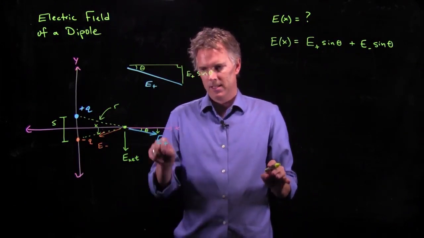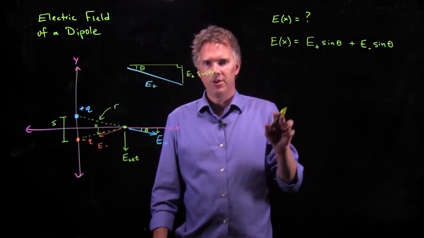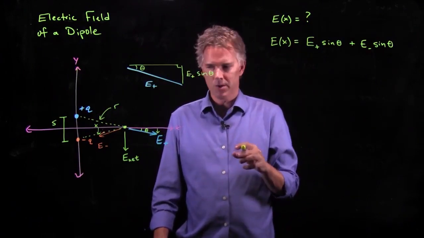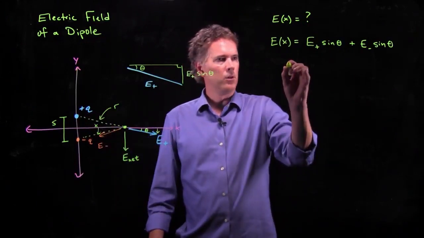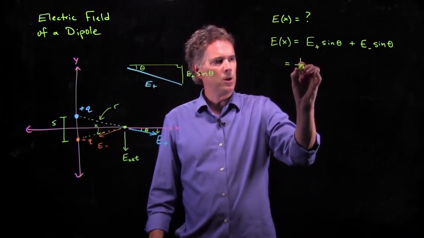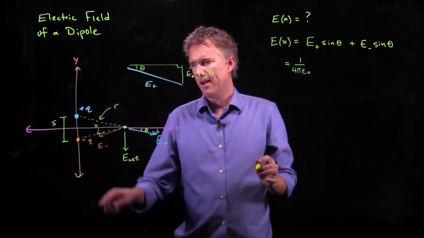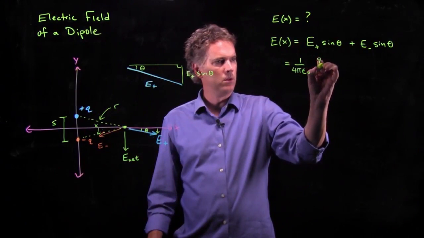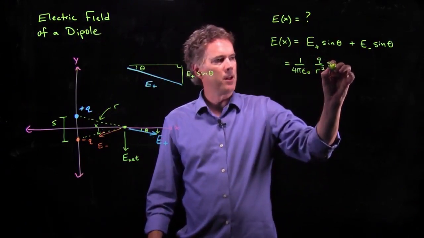All right, E plus sine theta. E plus is just the electric field of a point charge, that point charge plus Q. So E plus just becomes 1 over 4 pi epsilon naught, and then we have positive Q divided by r squared. And we're multiplying that by sine theta.